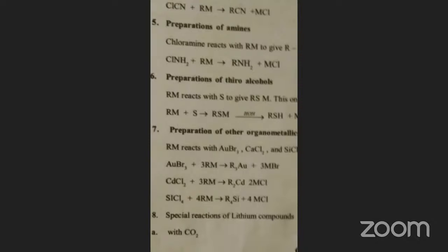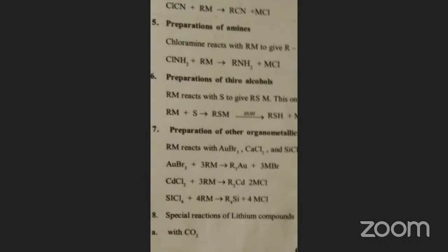RM is nothing but OMC. In that, the alkyl group is reacted and it is converted to alkyl metal. Cadmium chloride, the cadmium metal, is reacted with RM and converted to R2Cd, that means alkyl cadmium, just like alkyl silicon compounds are also prepared.